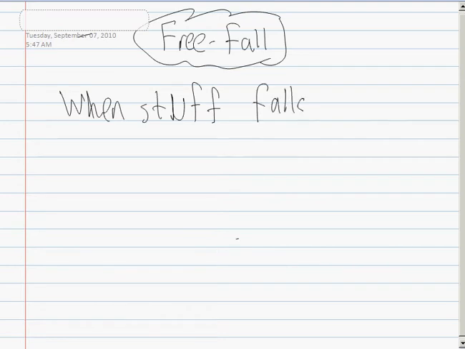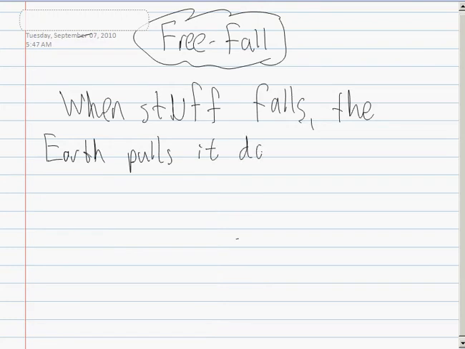We're going to talk about free fall. Basically, when stuff falls, the earth pulls it down because it has mass. By the way, this is the part where you're supposed to be taking notes.